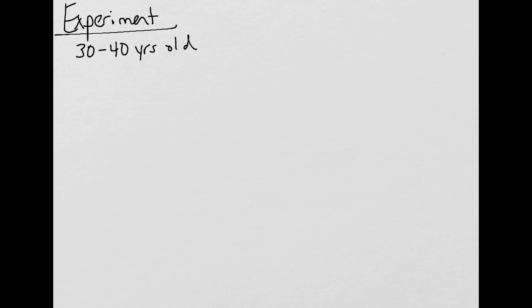Let's have them be women. Let's have them have to lose weight. We could say how much they have to lose, or you could use the BMI scale. You'd have to have some way of putting them in a group together. Let's say that they need to lose at least 20 pounds.